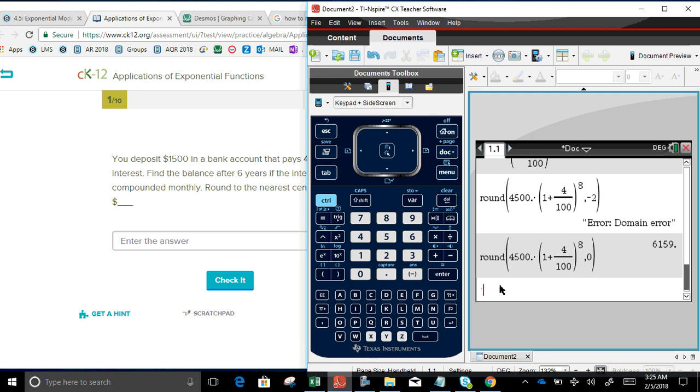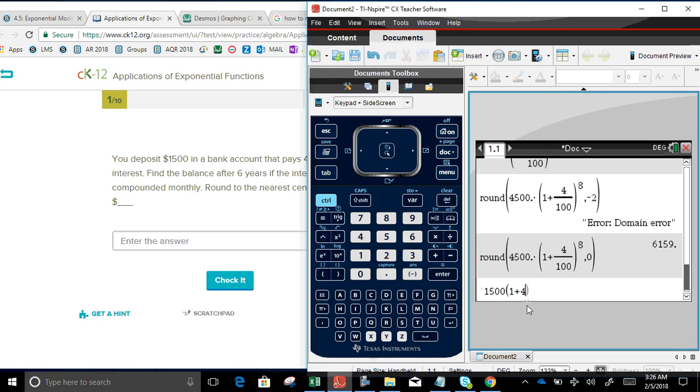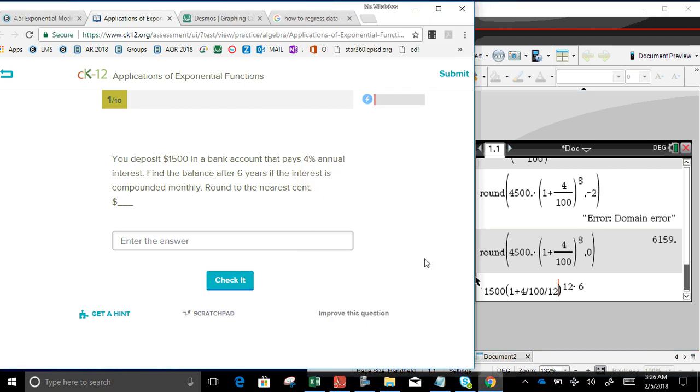So that's 1,500 times 1 plus, let's see, 4% interest, divided by 12, to the power 12 times 6 for 6 years. And there's cents, which means hundredths.